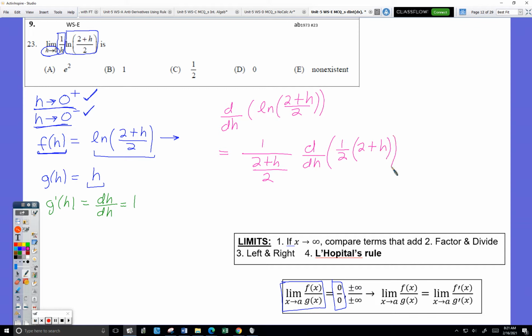Okay, I'd like you to raise your hand and explain this one. When I did d/dh of this something, I wrote the something in a different way. Raise your hand if you understand what I did. Like you can see why I changed this something into this. I just prefer to avoid division.